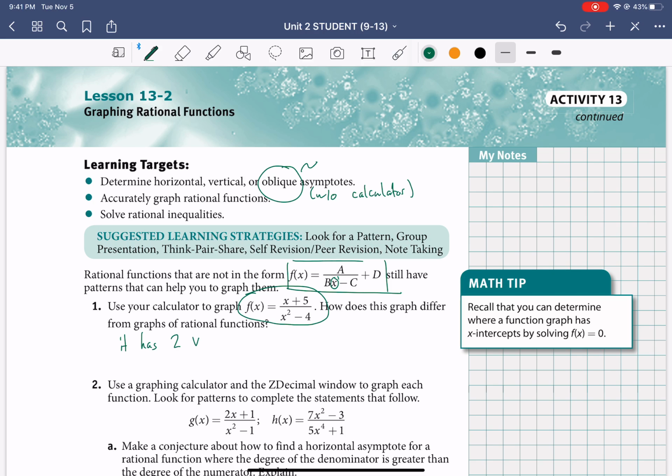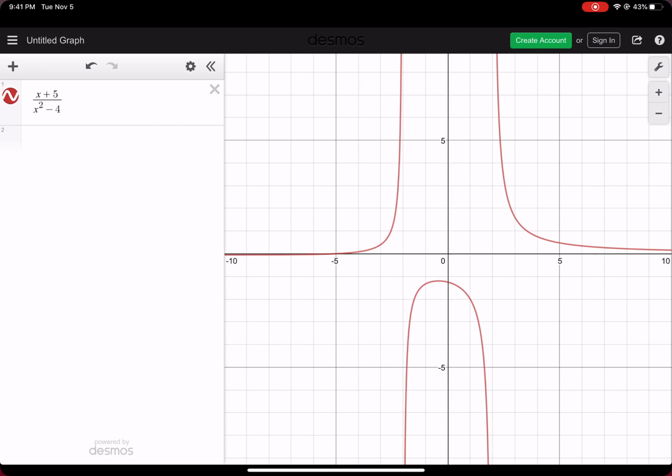It has two vertical asymptotes! And if we remember, those were at plus and minus 2. And if we actually look at our graph, we do have an x-intercept that we can barely see at negative 5.